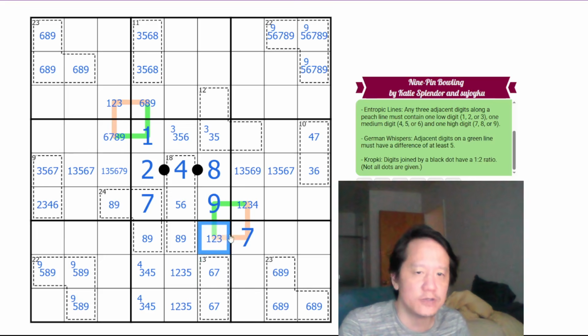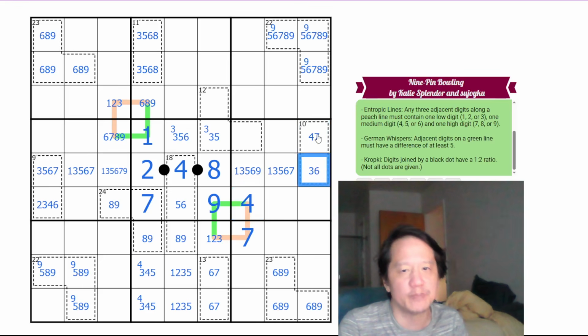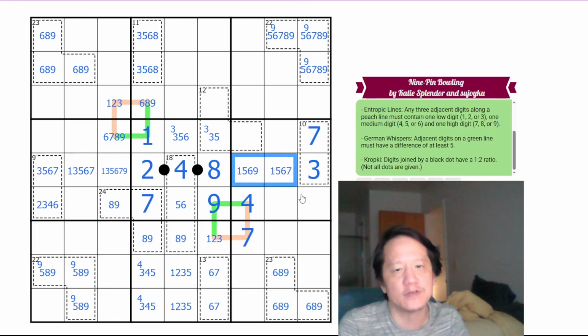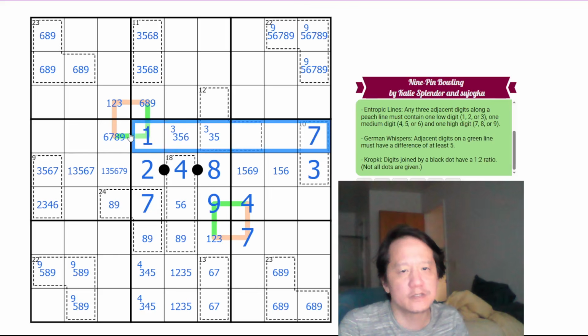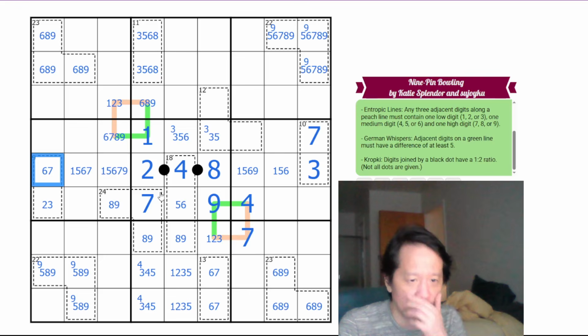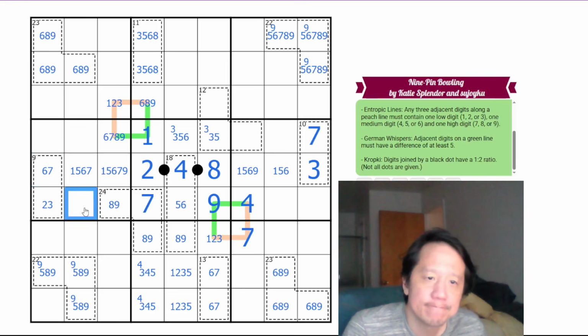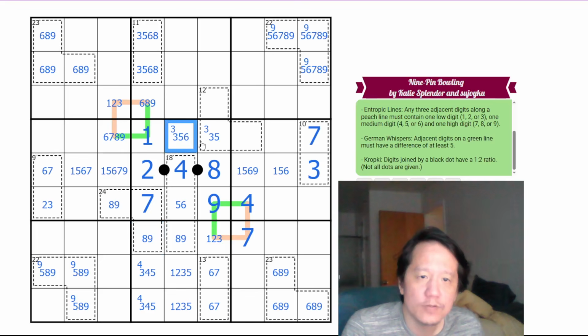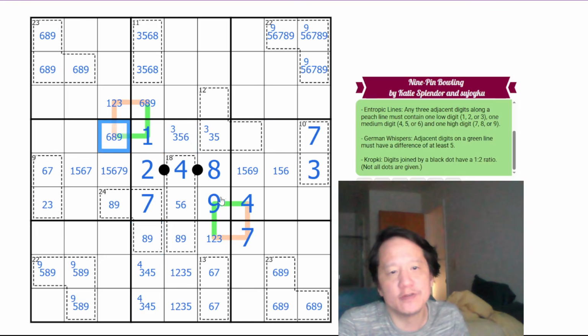So this is a low digit. This must be the medium digit then, and it has to be 4, which means it can't be 4 and 6. So that's 7 and 3 there. That eliminates 3 and 7 in the rest of the box. 3 eliminates 3 in the rest of the row, so this can't be 6 here. 4 eliminates 4 here, so this can't be 4, which means this can't be 5. 7 eliminates 7 here.